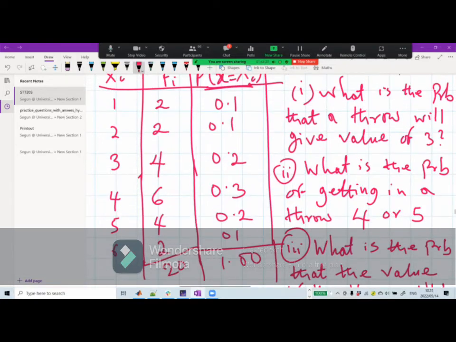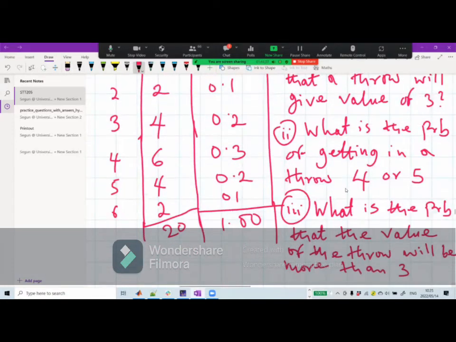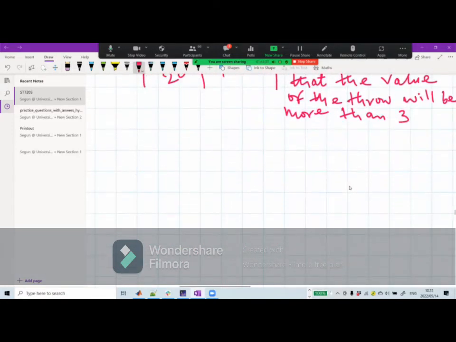So who can tell us the first question? What is the probability that X will give a value of 3? So what is it?